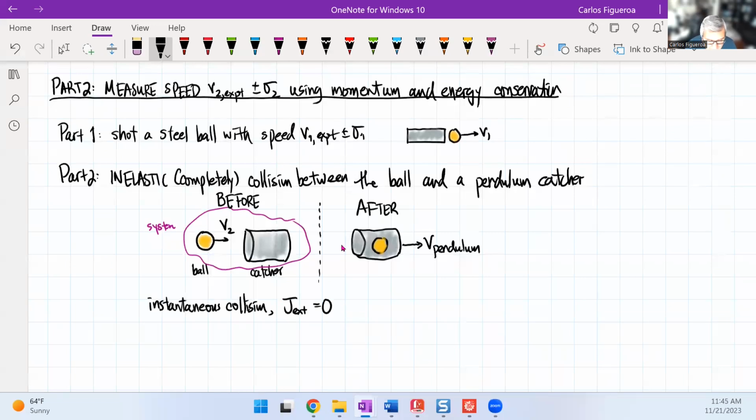Now, that might be a little bit of a white lie, but I'll talk about that in a moment. But to a pretty good degree, I'm going to say that the external impulse is zero. And as a consequence of this, we can then use conservation of momentum.